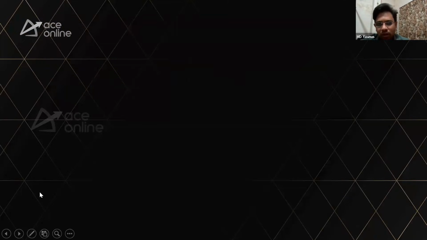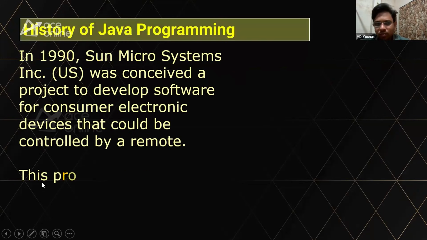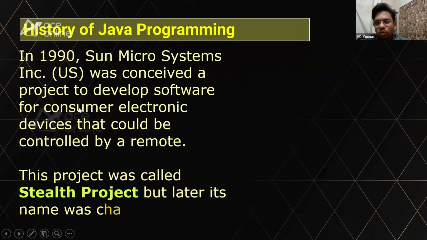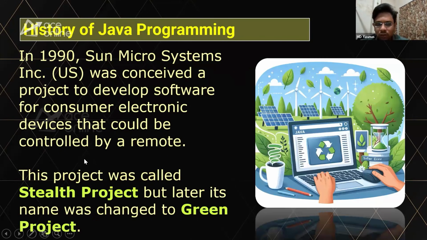Keeping this in mind, Sun Microsystems conceived a project to develop software for consumer electronic devices that could be controlled by a remote. They called this the Stealth Project, but later it was named the Green Project.